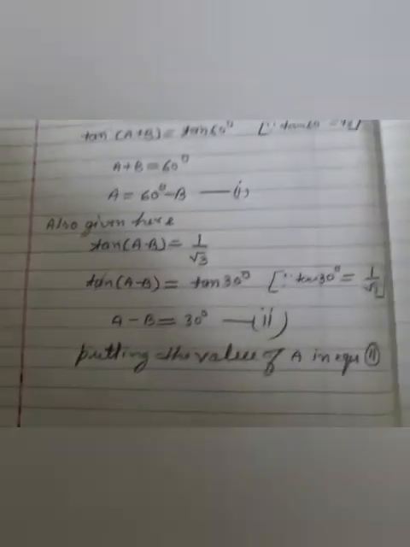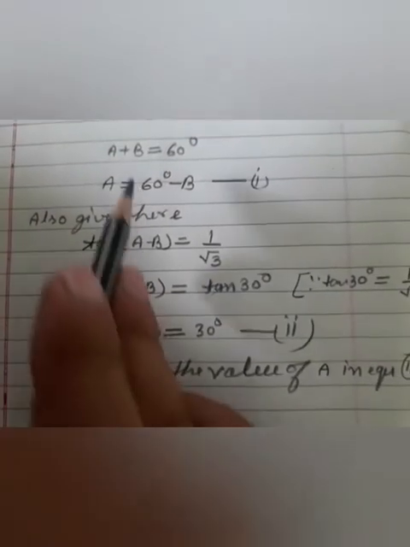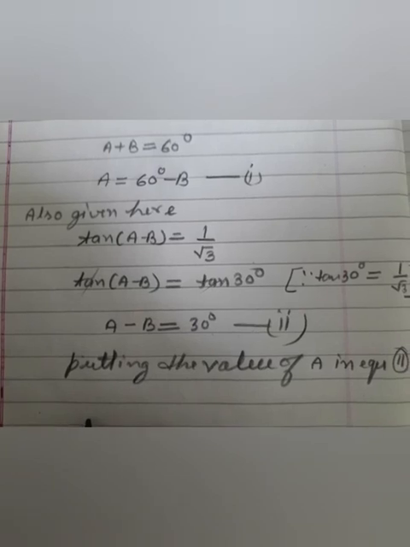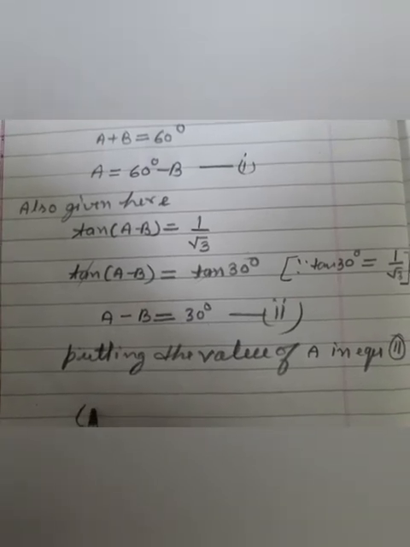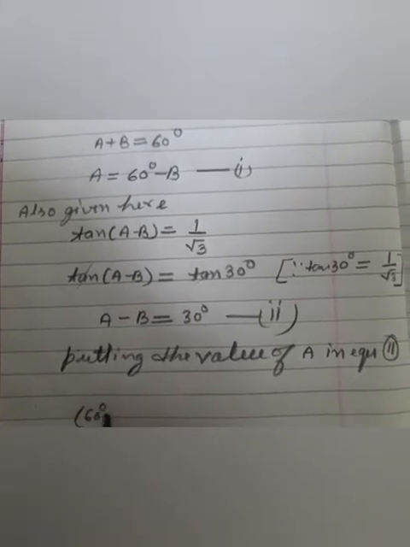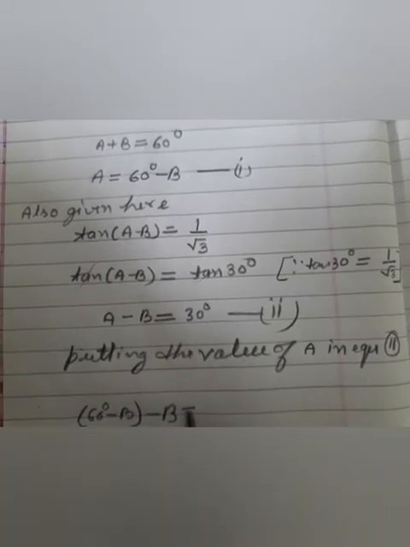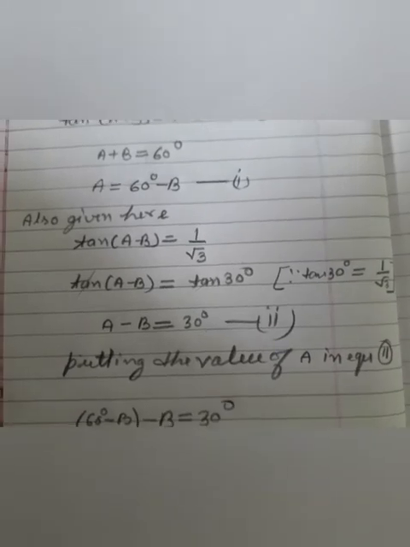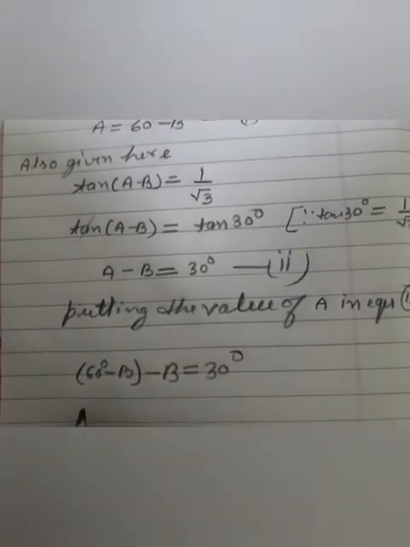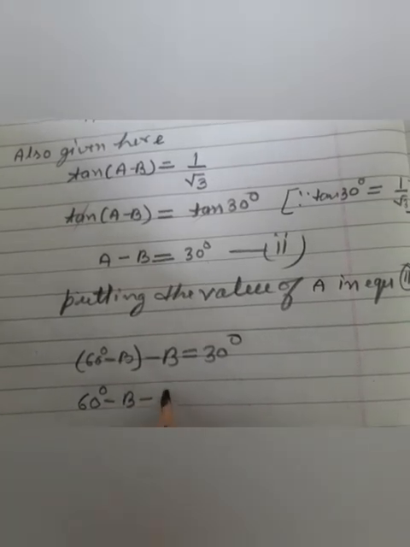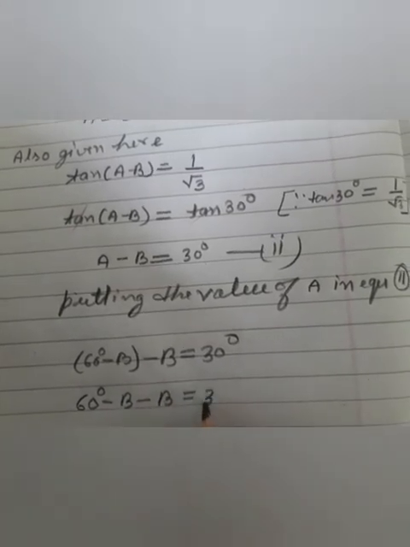In equation second, putting the value of A, and A's value is given here: 60 minus B is equal to 30 degree. So then this one is open now. 60 degree minus B is equal to 30 degree.